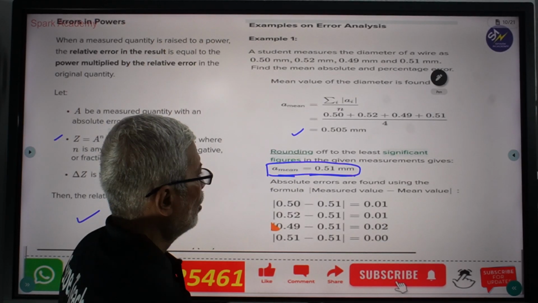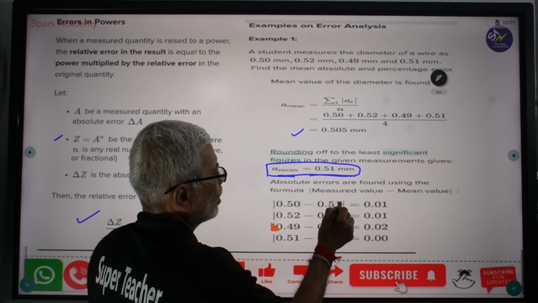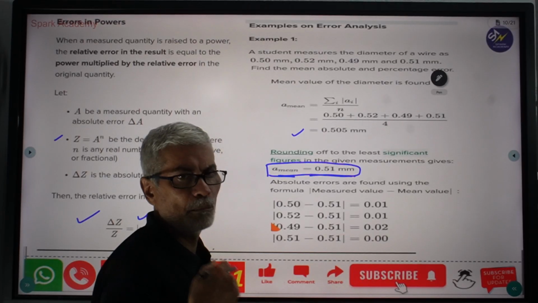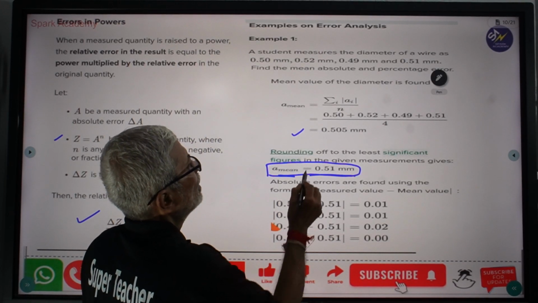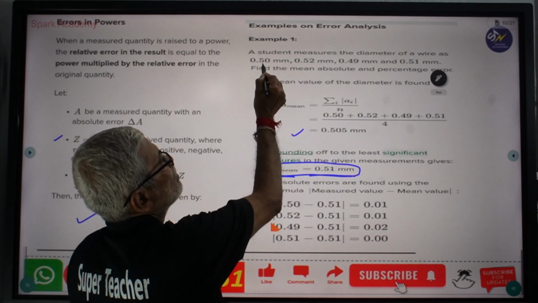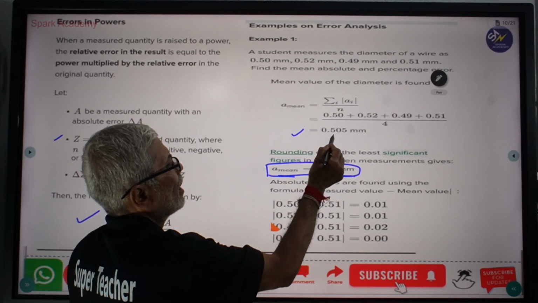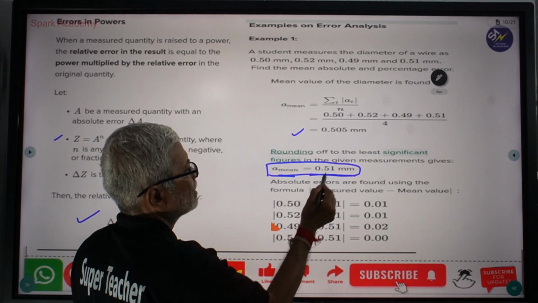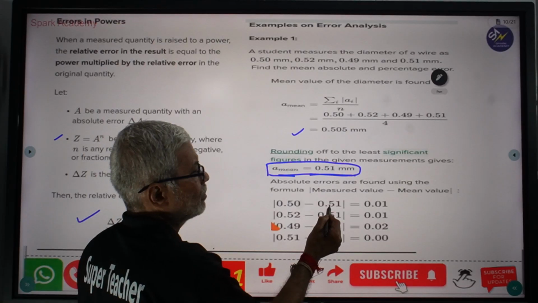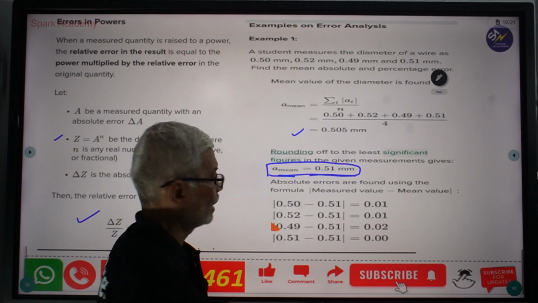Then what you do, mod, why you are putting mod? Because if there is any minus, it will become plus. The individual value which has been measured, you subtract from this average value. So 0.50 minus 0.51, where 0.51 is acting like the true value.